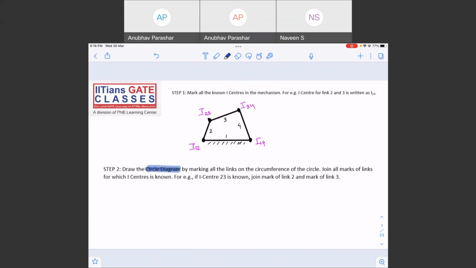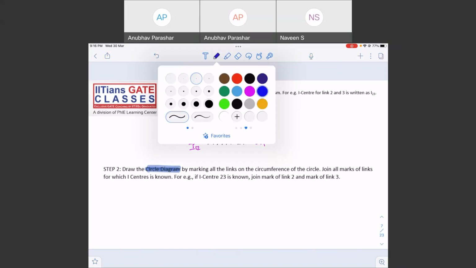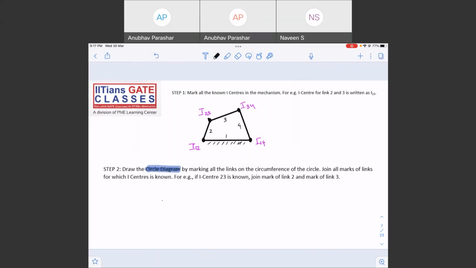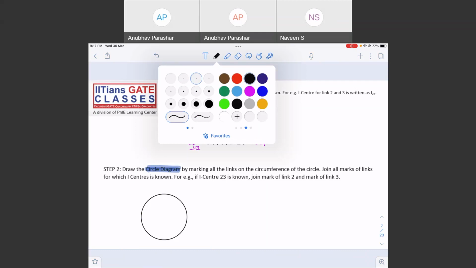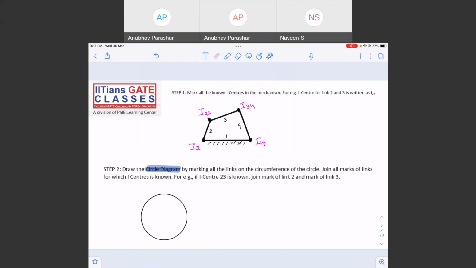How exactly to draw a circle diagram? Let us first draw a circle. Now let us mark all the links on this circle. What links are there? There is link number 1, link number 2, link number 3, and link number 4.